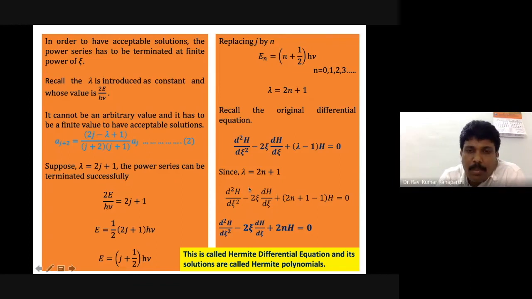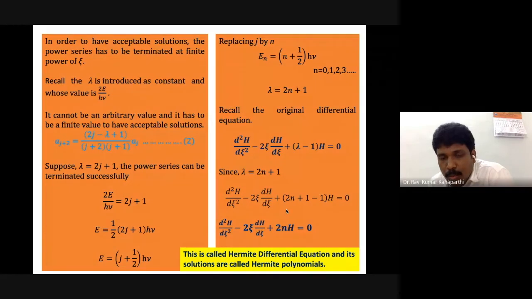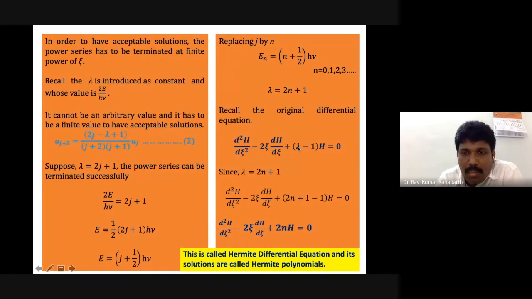If we substitute lambda as 2n plus 1, the differential equation transforms to d square h of z by dz square minus 2z dh of z by dz plus 2nh. Why? Because lambda is 2n plus 1 and there is already a minus 1, so the 1 cancels out and you get 2nh, which is equal to 0.